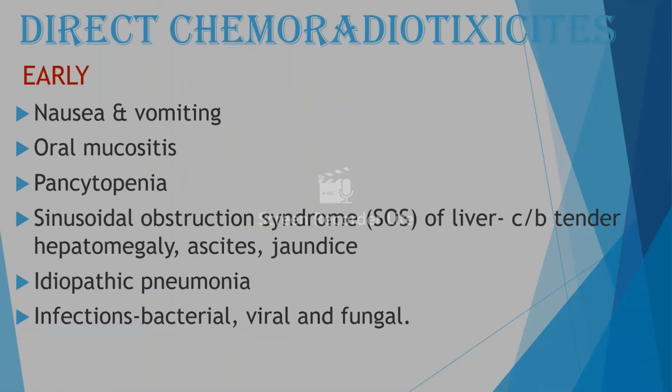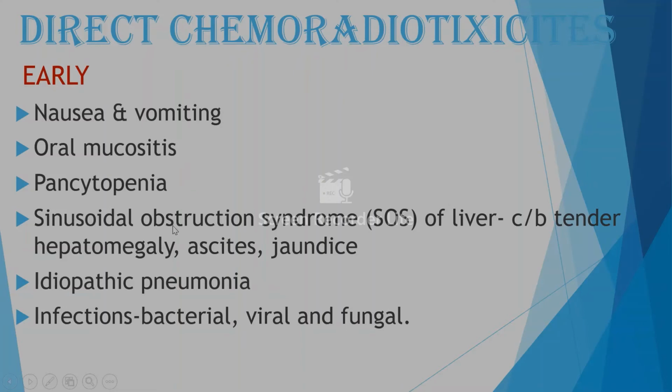Starting with direct chemoradiotoxicities, the early manifestations include nausea and vomiting, oral involvement in the form of mucositis, and neutropenia and thrombocytopenia are common.